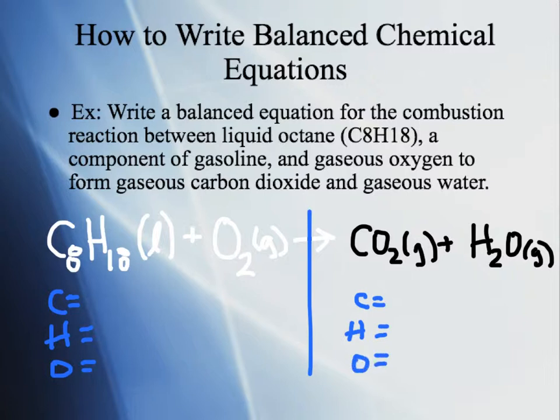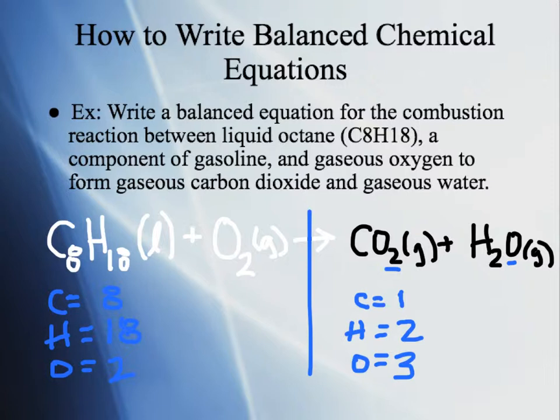On the left, we have 8 carbons; on the right, just 1 so far. On the left, 18 hydrogens, and on the right, 2. On the left, 2 oxygens, and on the right, 2 from carbon dioxide plus 1 from water, so 3 total. Let's see how we can balance these.